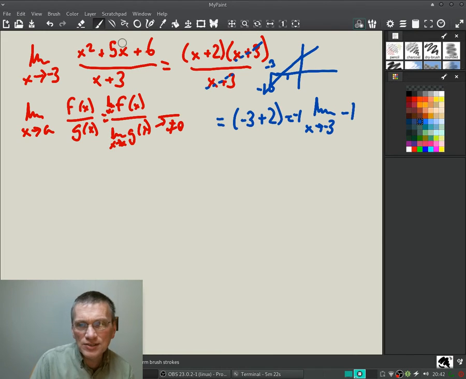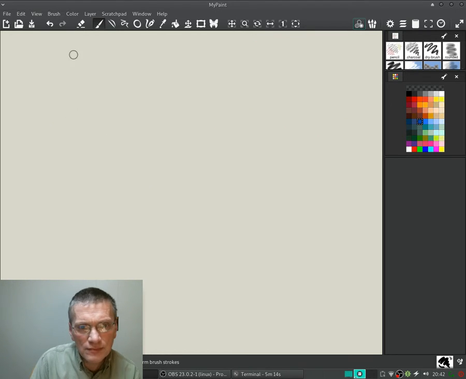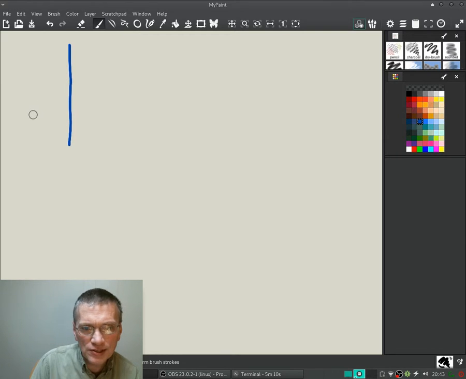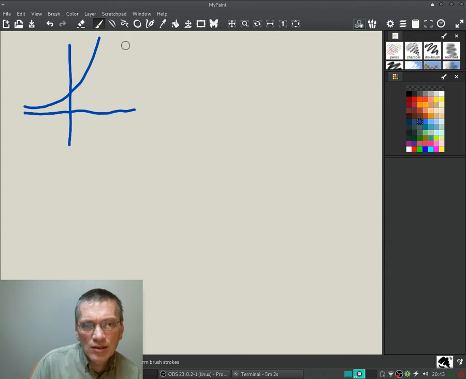But let's make it interesting. Sometimes these limits are pretty interesting functions. Remember we did the average rate of change? I'm going to draw your old friend e to the x. This is e to the x as a function.